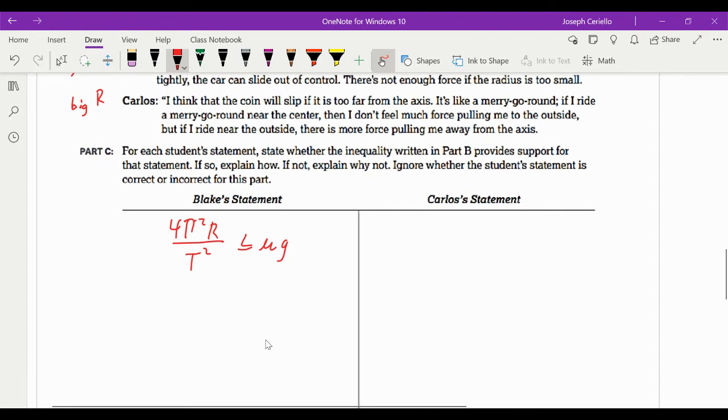Okay. So for Blake, as r gets smaller, this inequality will always hold true.